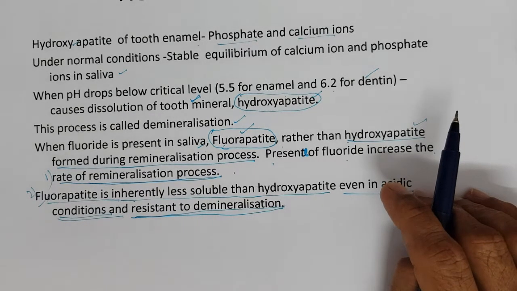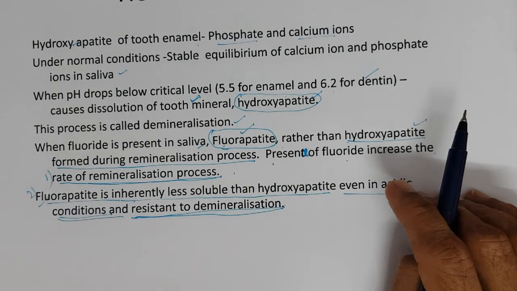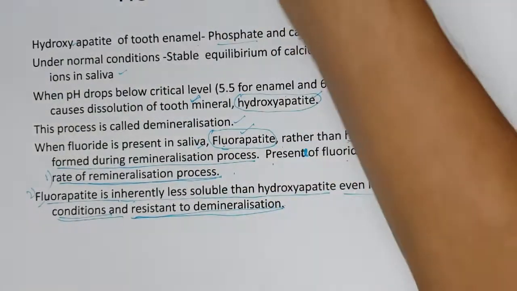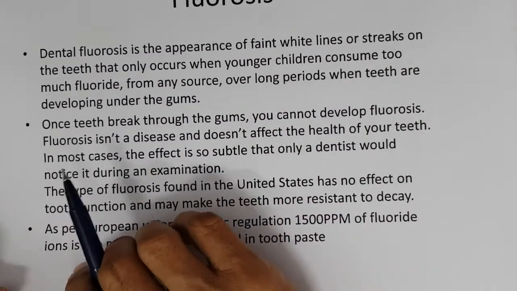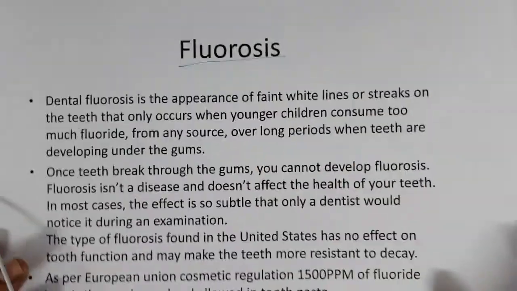Fluoroapatite is good because it is much more resistant to pH erosions, especially acidic pH erosions, than hydroxyapatite, right? That is how fluoride works. Okay, clear? Now there is a condition called fluorosis, right?